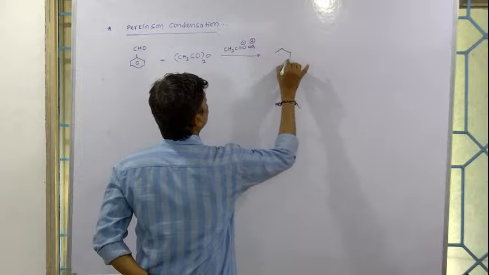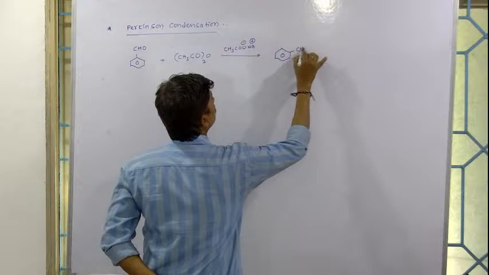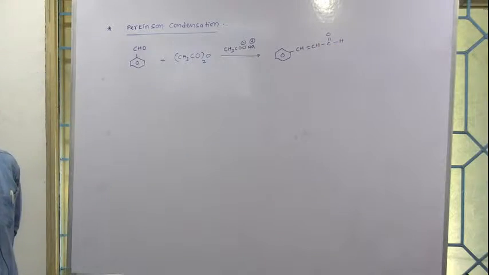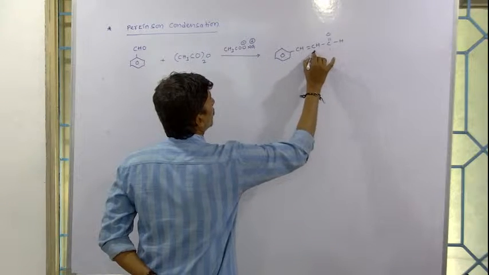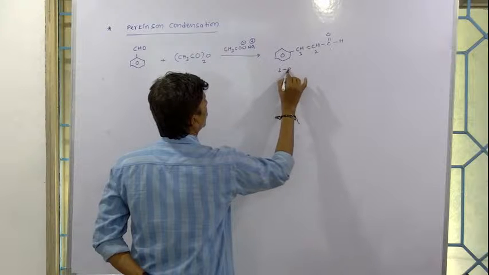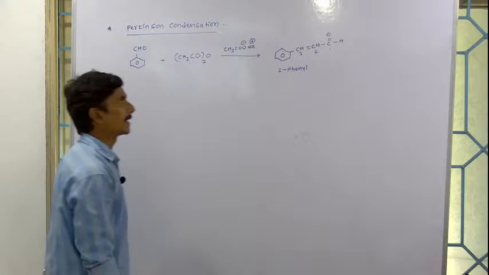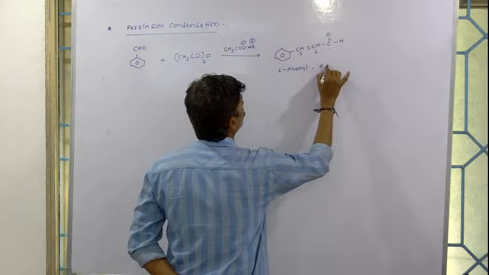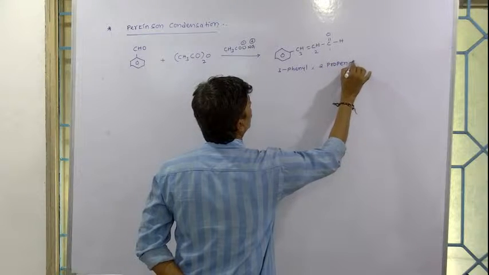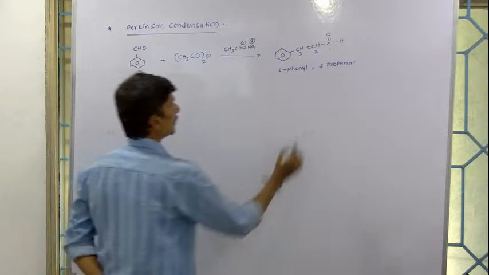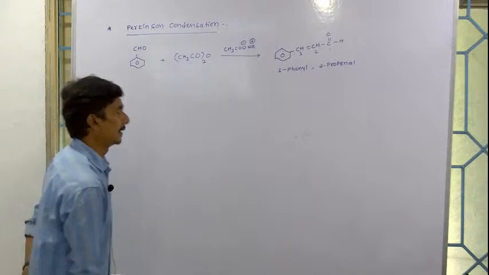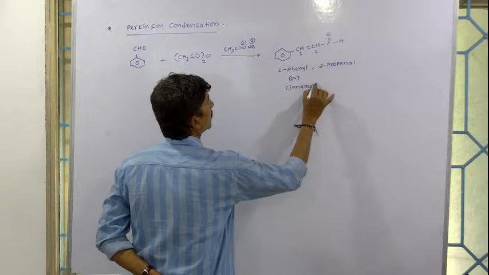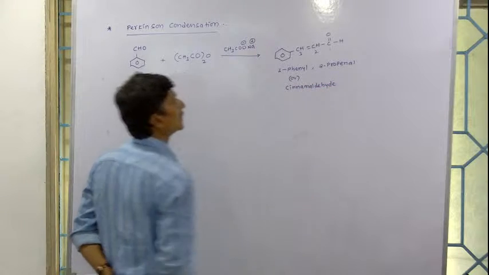When it forms, one, two, three, 3-phenyl, 2-propenal, or it is commonly known as cinnamaldehyde.